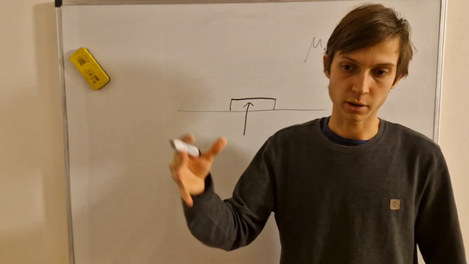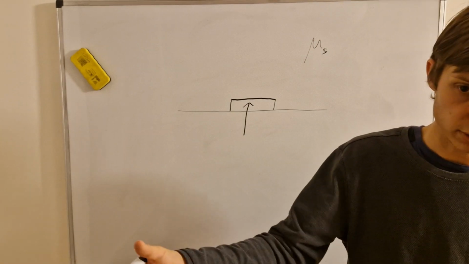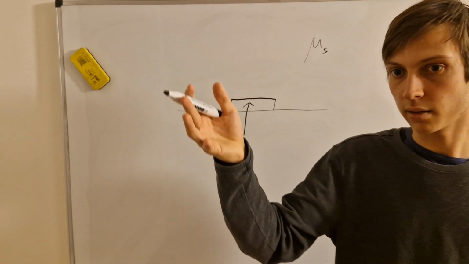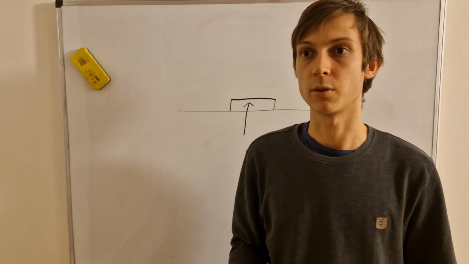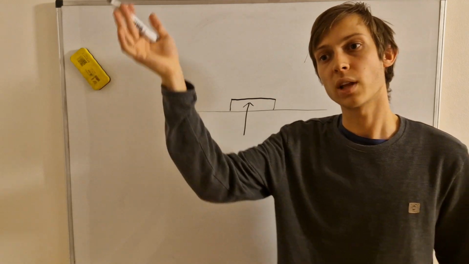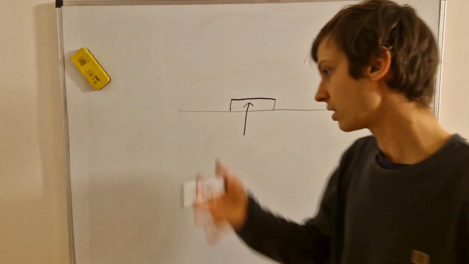Depending on the particular material, we will be able to determine, observe, or even calculate with some data what the angle will be when the thing starts sliding down by itself. So until what angle will it still stay in place, and at what angle will it suddenly start sliding down? That's the point.